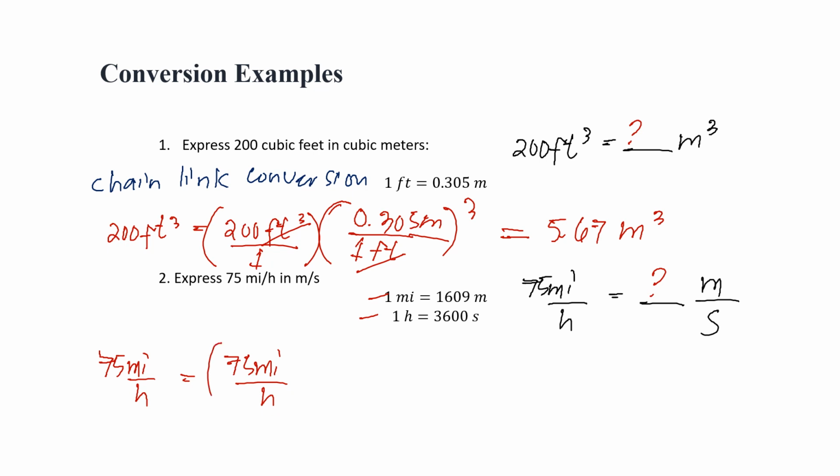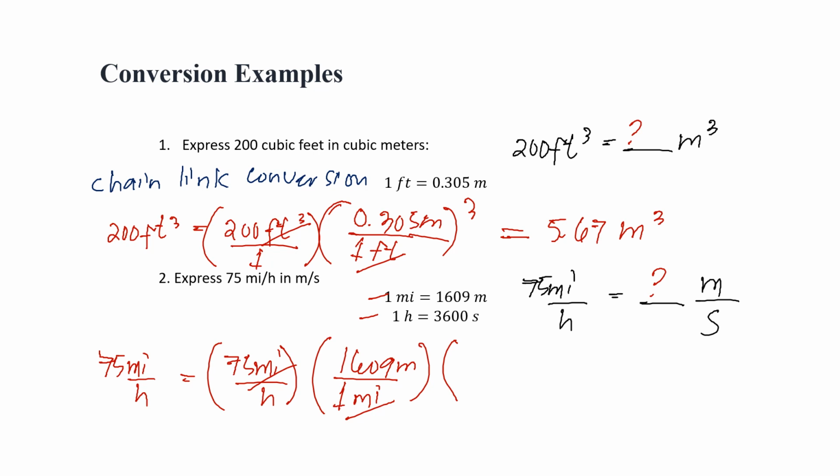So let us multiply this one with a fraction using these conversion factors here. I wanted to cancel out the miles, so I put the miles at the bottom of the fraction. This is equal to 1609 meters. Okay, so here miles can already be cancelled out, and we're only left with the hours to cancel.